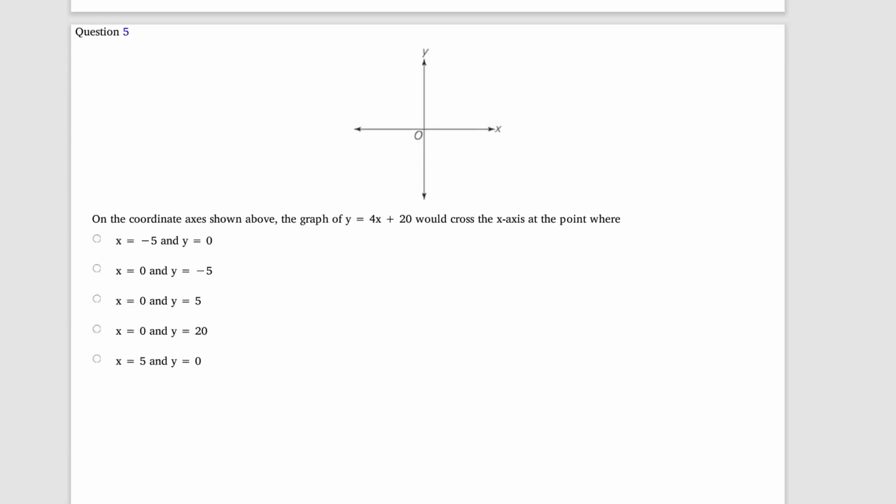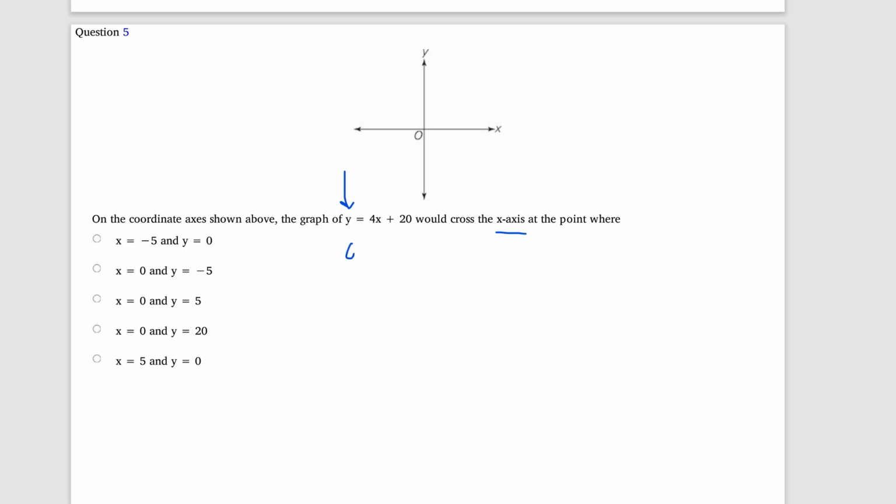On the coordinate axes shown above, the graph of y equals 4x plus 20 would cross the x-axis at the point where? To find out where a line crosses the x-axis, make y 0. That's the lesson you can take away from this. You need to instantly realize that the x-intercept, in other words, where it crosses the x-axis, is when y is 0.